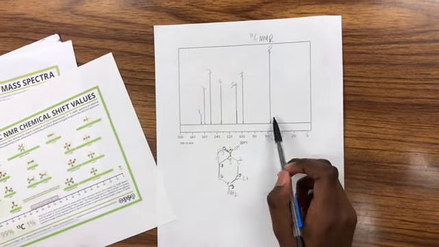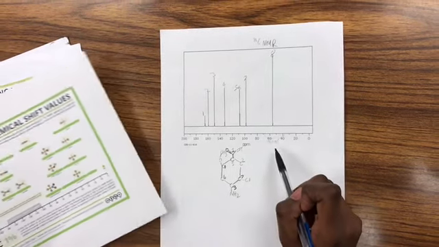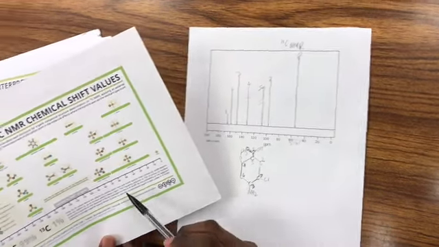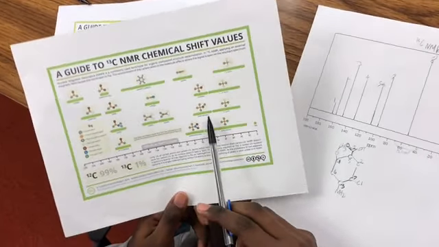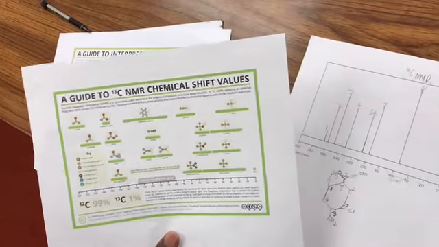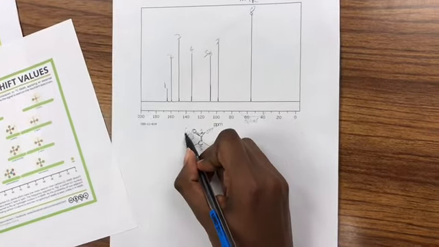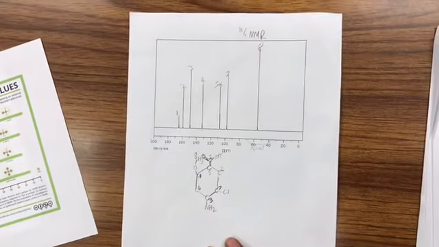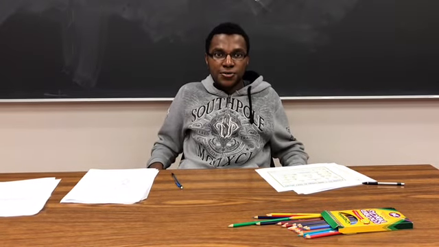And we see an 8 here, which is the least deshielded, and it's really in the region where we would expect some sort of ethers. I would say it corresponds with this carbon over here. And that's it for that. Thank you for going with me on this journey to figure out the structure of my molecule.